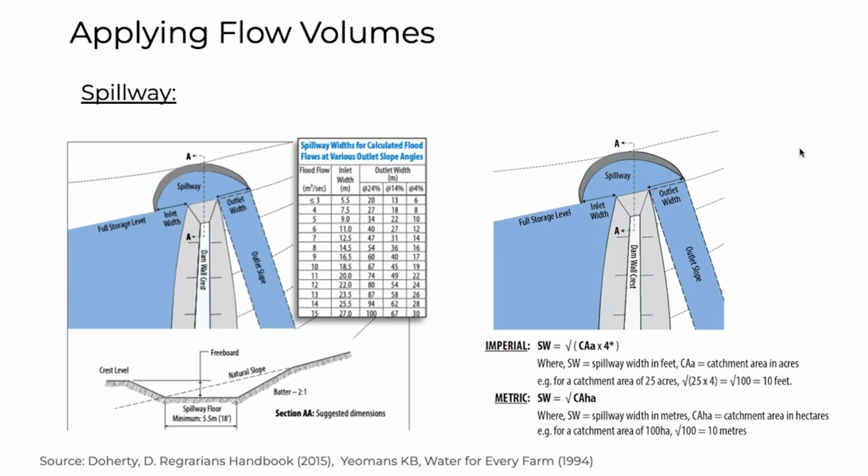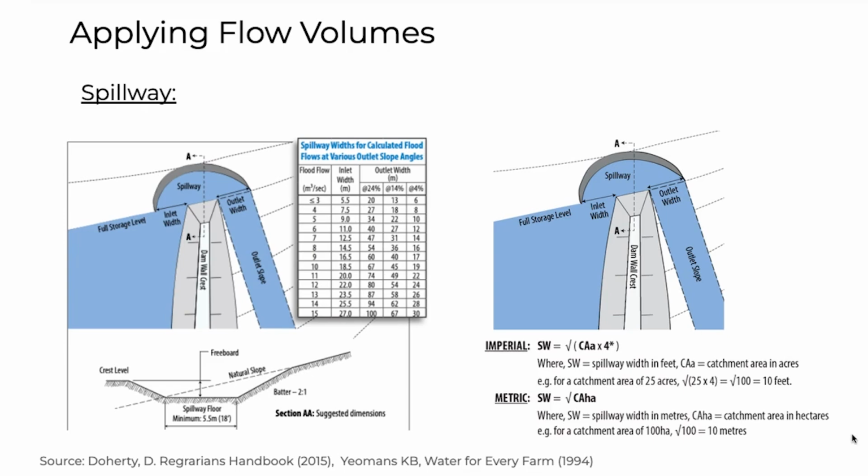So as an example of applying our flow volumes, we can use flow volumes to calculate the size of our spillway. The image on the left shows a chart that helps us calculate spillway width for calculated flood flows. In meters cubed per second, here's our flood flow. And that shows us what our width should be in meters, as well as our outlet width, depending on our percent slope.